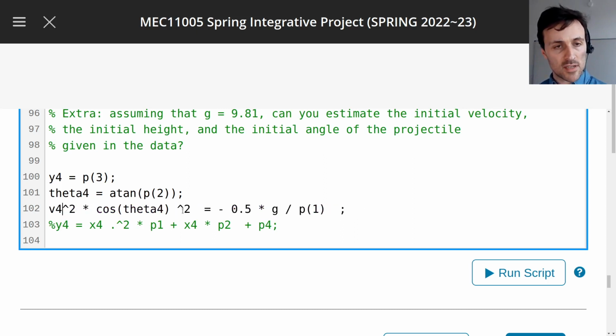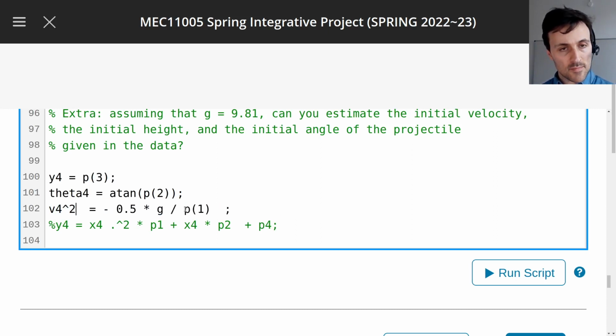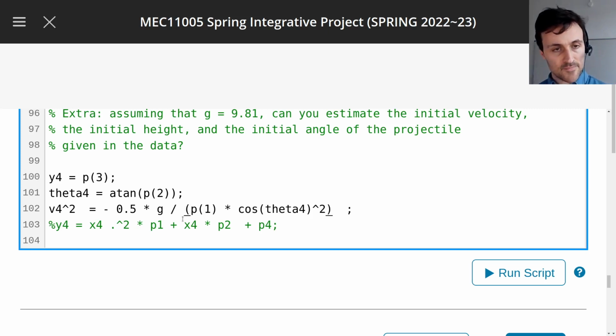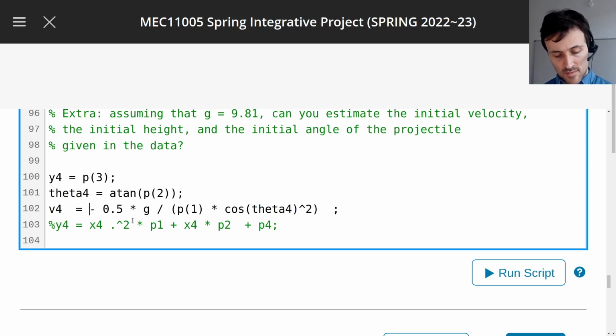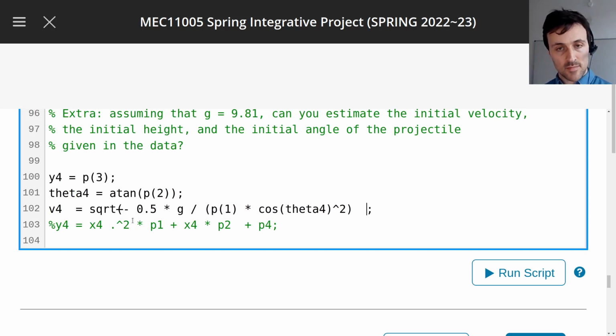Hopefully you can understand that I'm just manipulating this as if it's maths. Now I want just v4 on the left, so I'm going to divide by both p1 and the cosine squared. Finally, I have that this is squared, so I need to take the square root on both sides.